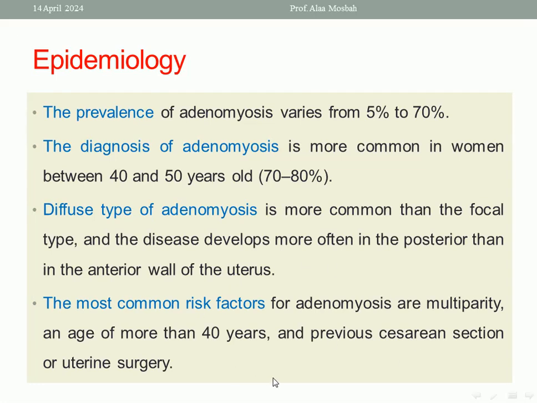The most common risk factors for adenomyosis are multiparity, age more than 40 years, previous cesarean section, or uterine surgery, like myomectomy, like dilatation and curettage. Any uterine surgery, previous cesarean section, age above 40, or multiparity, all of these are considered risk factors.